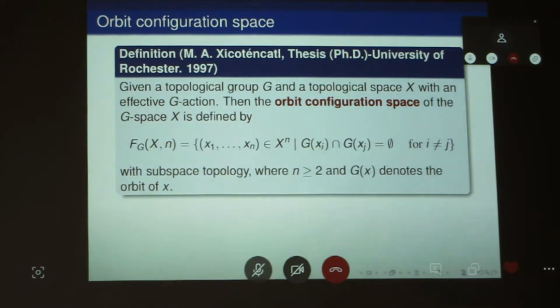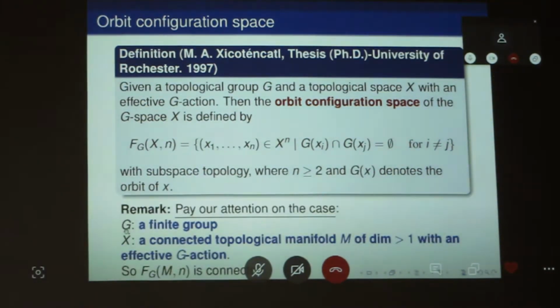Now we consider the case where G is a finite group and X is a connected topological manifold of dimension greater than 1 with an effective action. So here the orbit configuration space is connected.